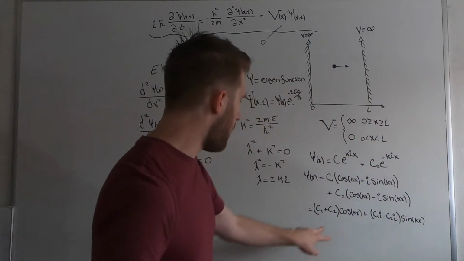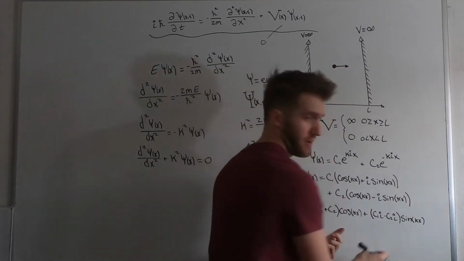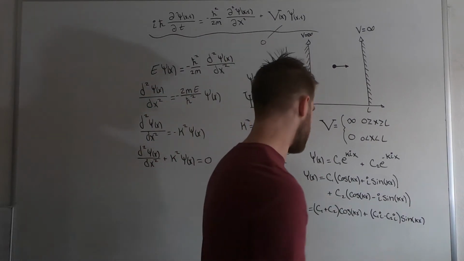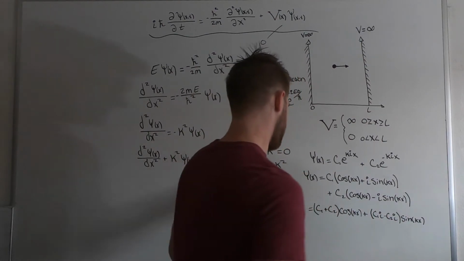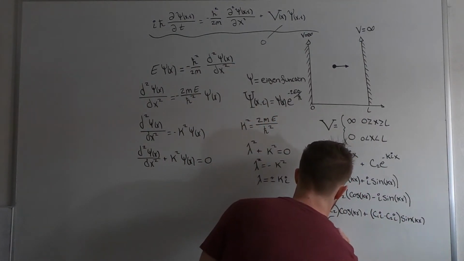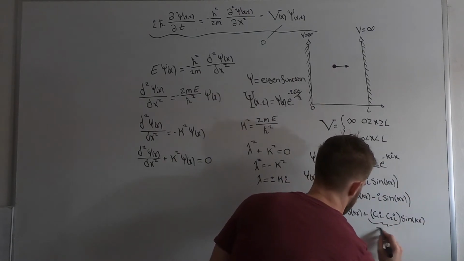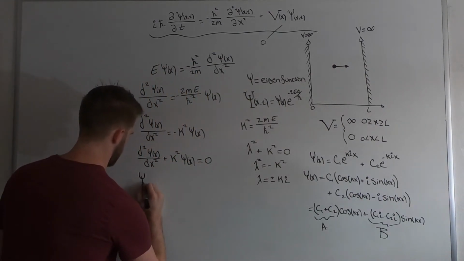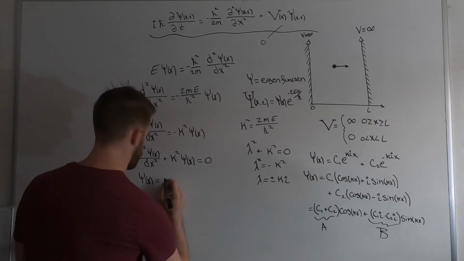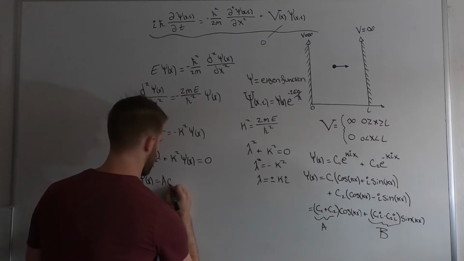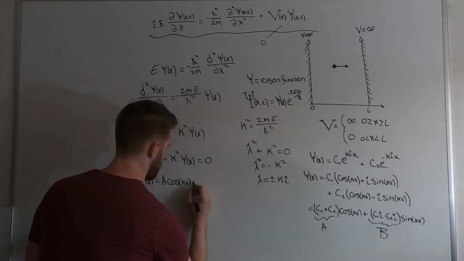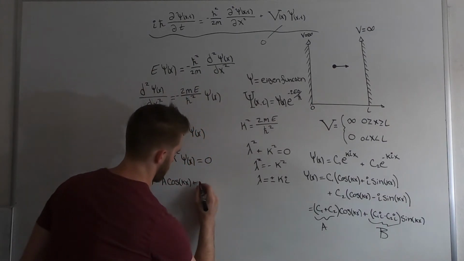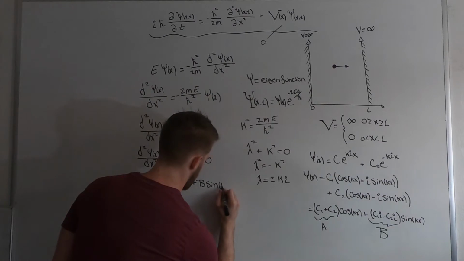All these coefficients in front of our trig functions are just constants, so we can assign some arbitrary dummy variables to represent them. We'll call this A, and this B. So we have psi of x is equal to A times cosine of kx plus, oops, that was B sine, my bad. That's B times sine of kx.